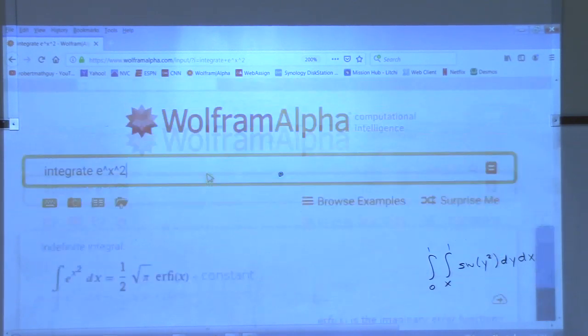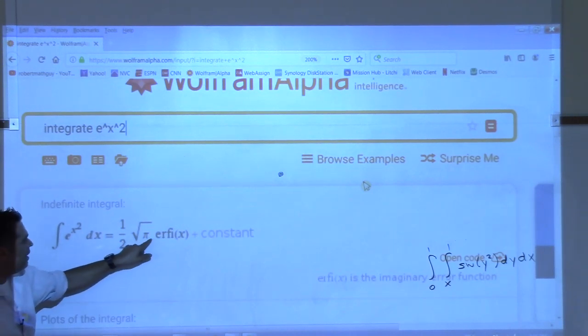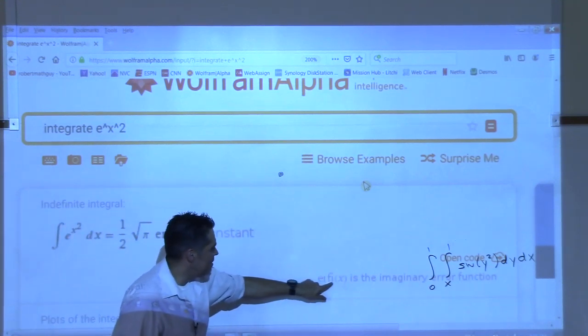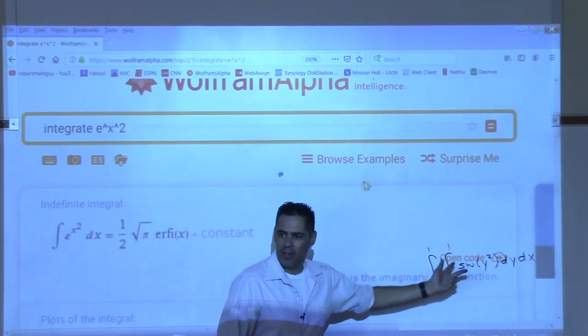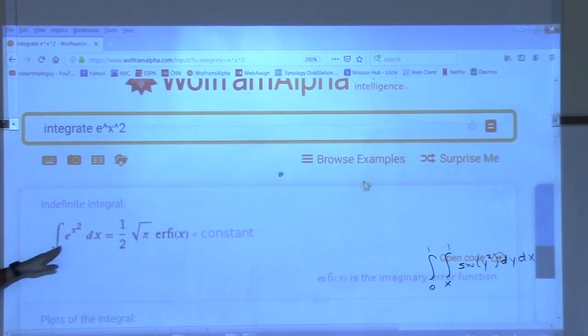If you type in e to the x squared, a classic example from Cal 2, you're going to get 1/2 square root of pi erfi. What is that? That is the imaginary error function. So it can't do it. There's no closed form of the antiderivative of that.